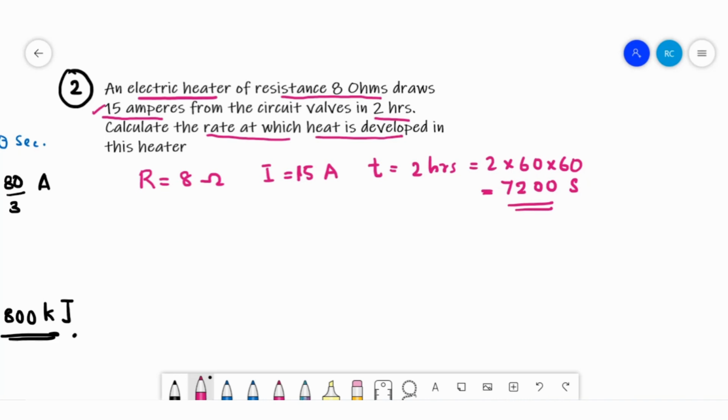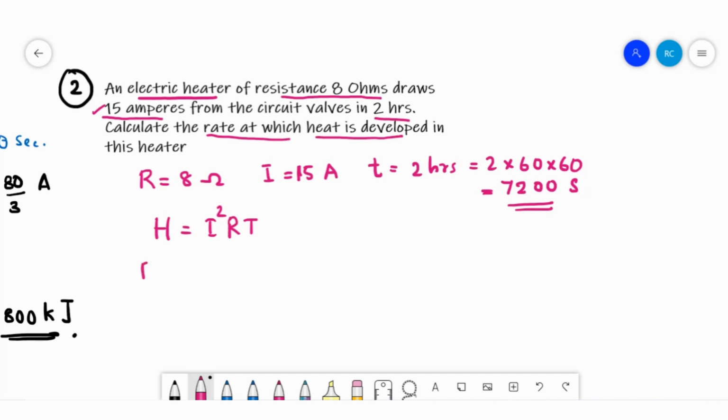Now here you have to calculate the rate at which heat is developed. So we should calculate heat and then convert it into rate. How do we calculate rate? Rate is the heat developed per time. So you already know the equation for heat, H is equal to I squared RT. This is the expression for heat energy.